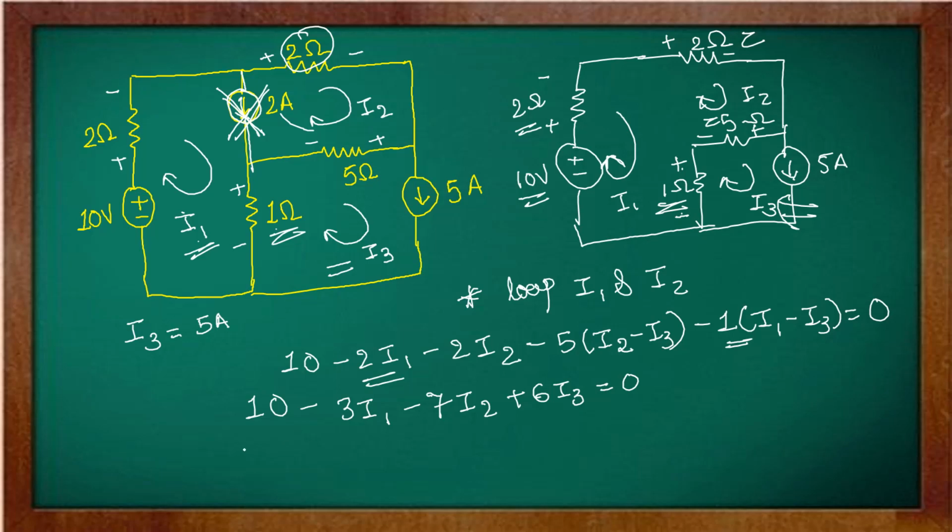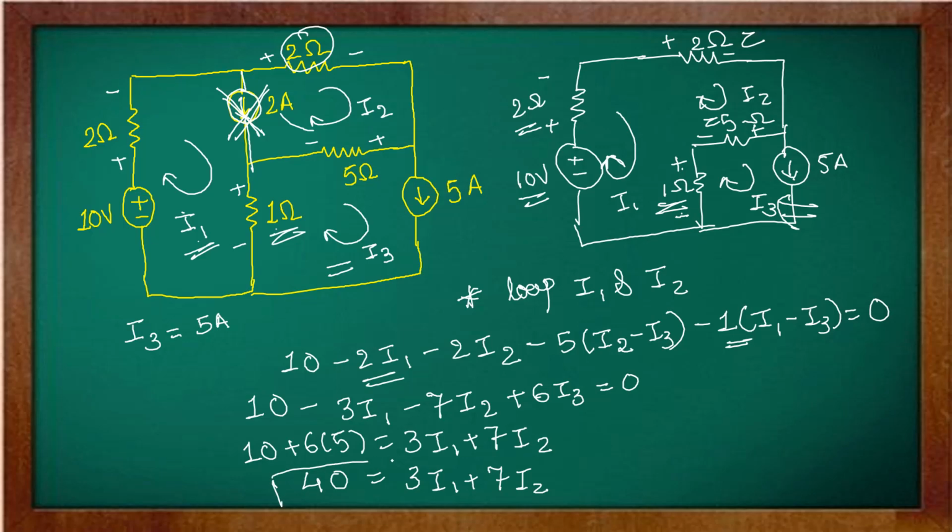So here what we get? 10 plus 6 times the value of I3. This is 5 ampere, which is equal to 3I1 plus 7I2. So our equation will become 40 equal to 3I1 plus 7I2. This will become my equation number 1.